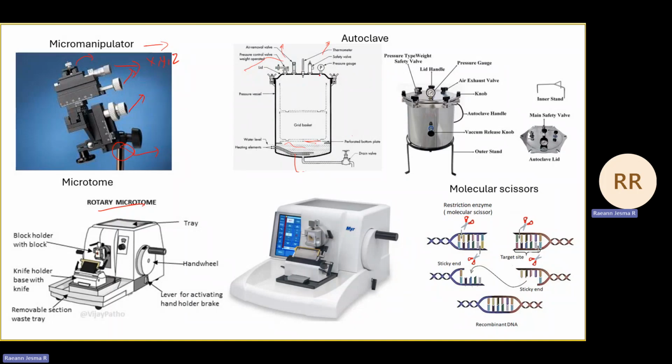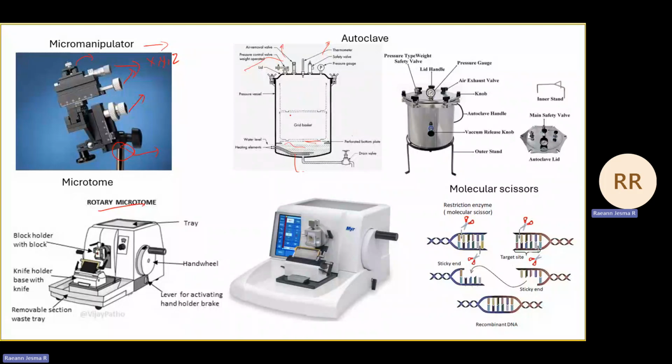Whatever steam is generated when we are heating could be blocked by trapped air, preventing the steam from reaching all the parts of the materials being sterilized. So that's why we also have air removal, so the steam will reach each and every corner of the equipment being sterilized. So we'll have a better sterilization process.